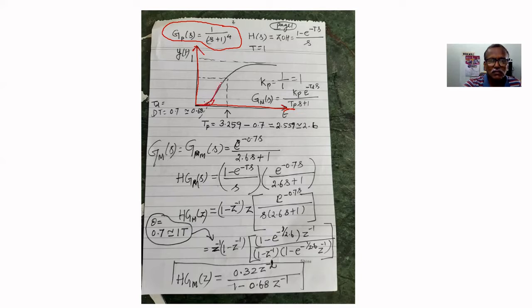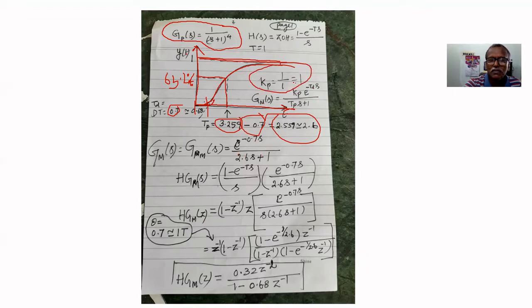From this, we got the dead time as 0.7, and the time constant plus dead time equal to 3.259, that is the time taken to reach 63.2% of the final value. Minus dead time gives the time constant, that is 2.6. And for the gain, we gave a unit step change and it settled at unity, therefore gain Kp equals 1.